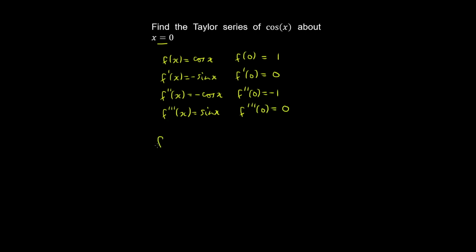And now we can write our function as follows. So we have 1 minus 1 on 2 factorial by x squared. And then these derivatives will keep cycling. So our next term is going to be plus x to the 4 on 4 factorial. And then minus x to the 6 on 6 factorial, and so on.